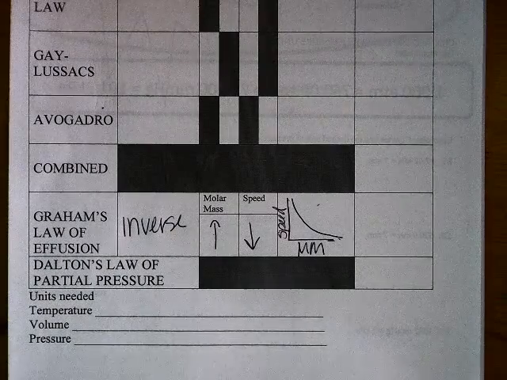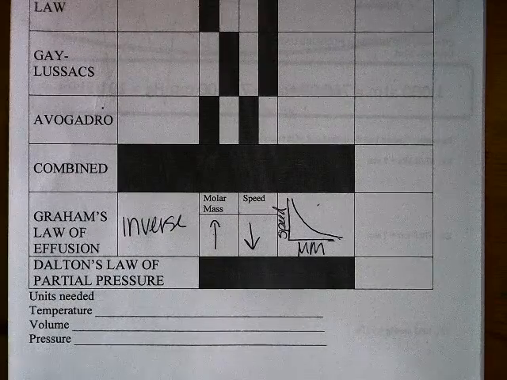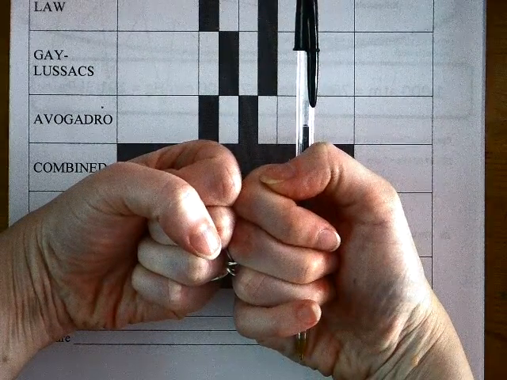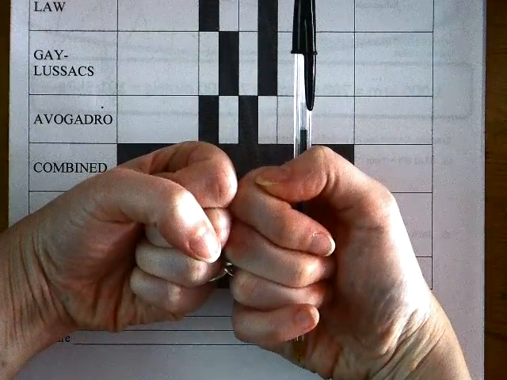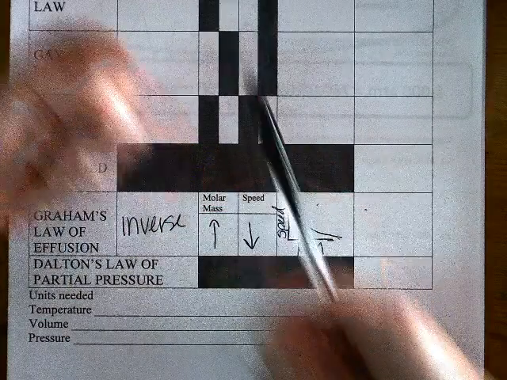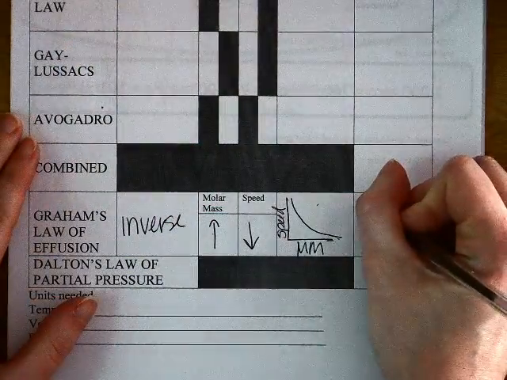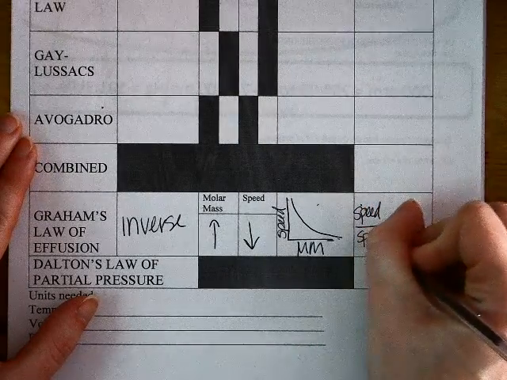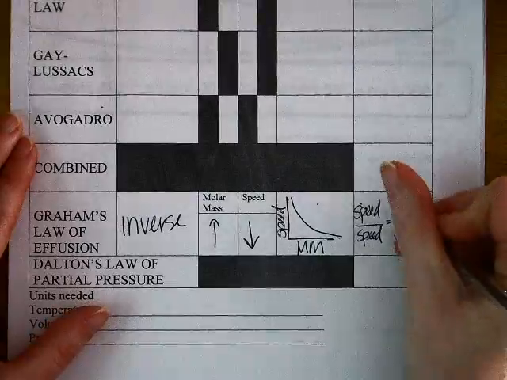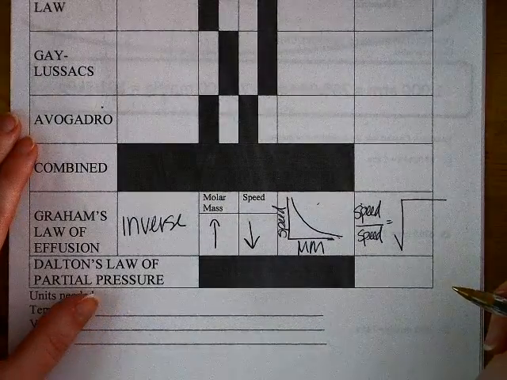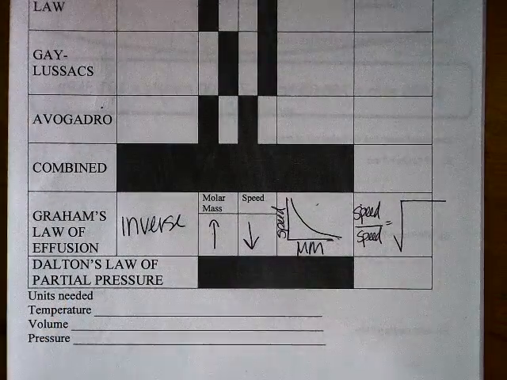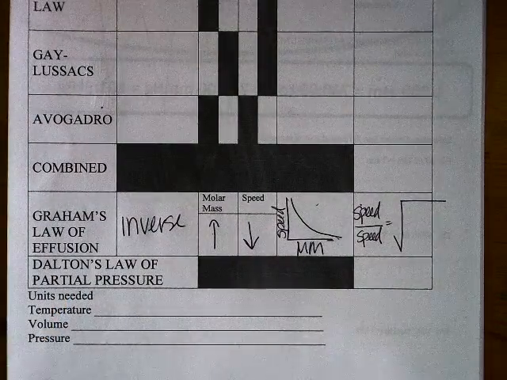It's an inverse relationship. For our formula, if it's an inverse, our variables should be side by side if they're on the same side of our equal sign. If they're on opposite sides, they should be diagonal from one another. And on this Graham's law, we actually put the speeds on one side.